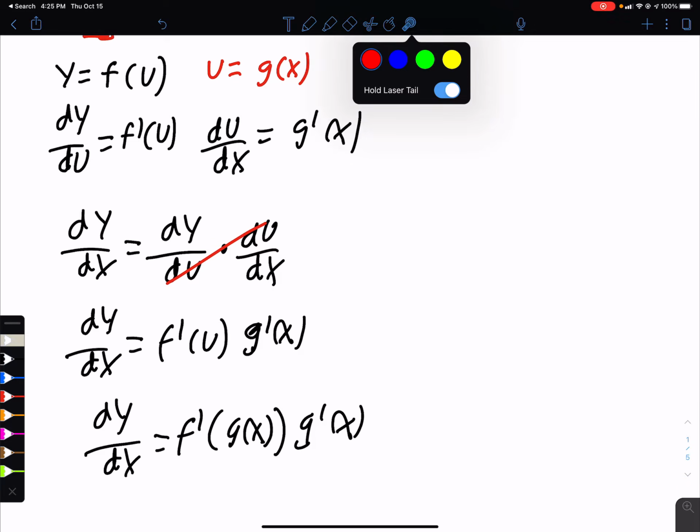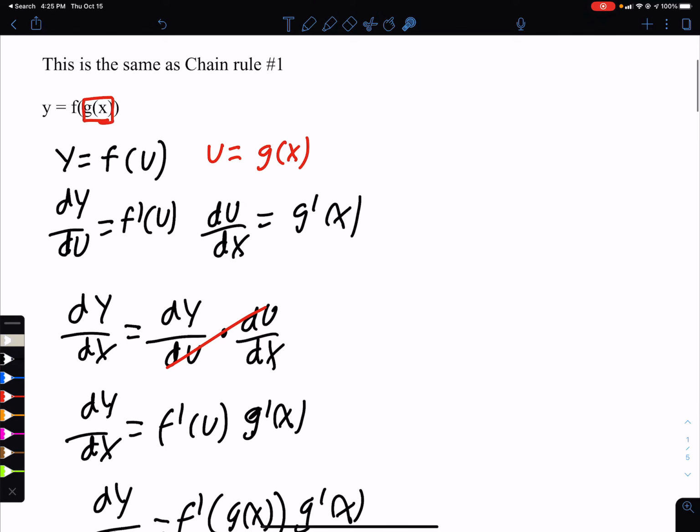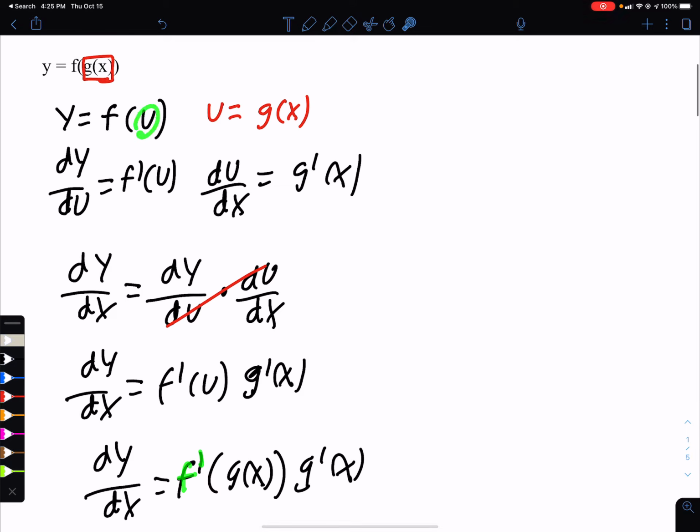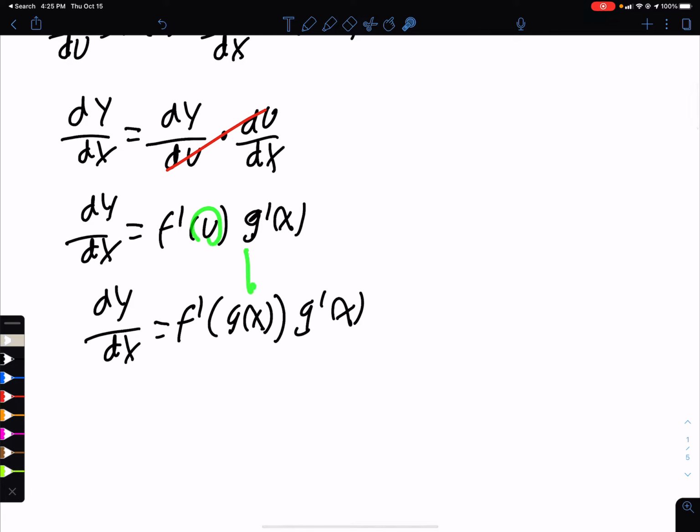So kind of a thought process of what happened. Well, that's an issue. It needs to be just x. So I replaced it with just a variable we called u, and now I can take a normal derivative. But we had u, but u was g of x, and eventually we replaced u back with g of x.